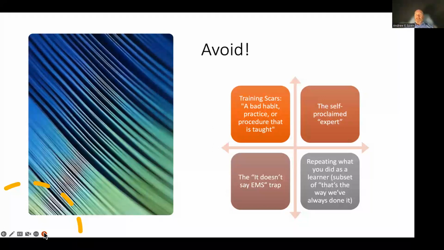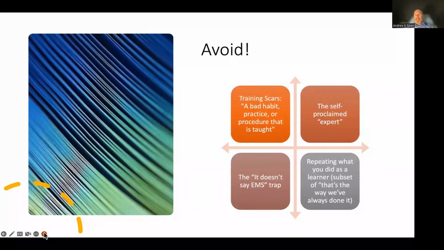And there are lots of other things we see with training scars as well. Sometimes as simple as not using gloves. And how many people do you still see that have to take off the fingertip of their glove to feel the IV? That's a training scar ultimately, because they were taught the wrong way. They were taught that they had to do that. They replicated some previous type of thing.